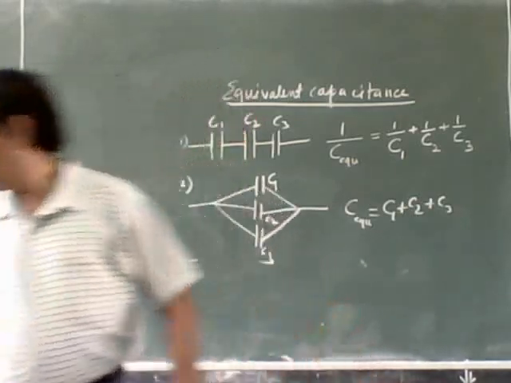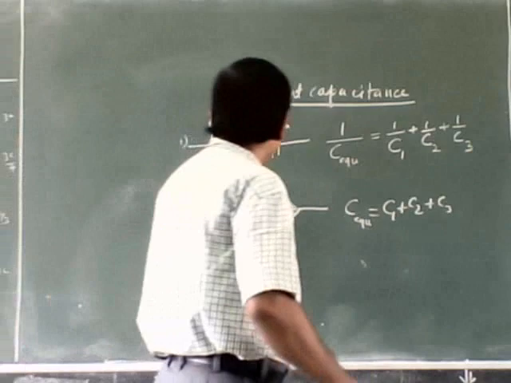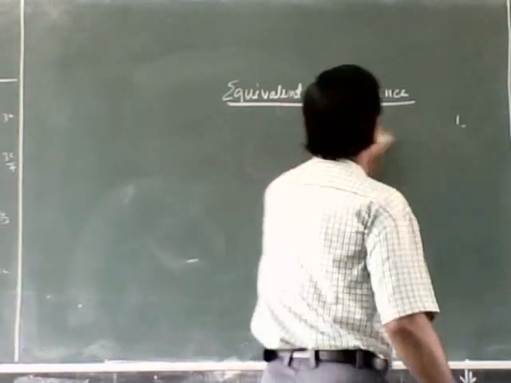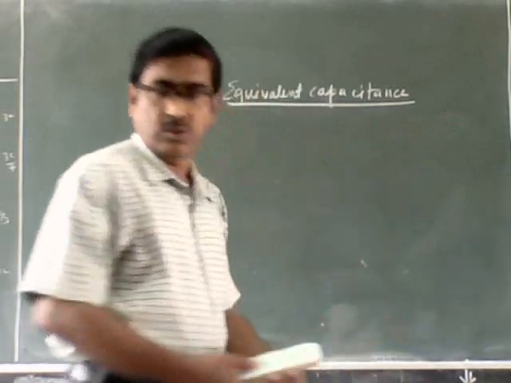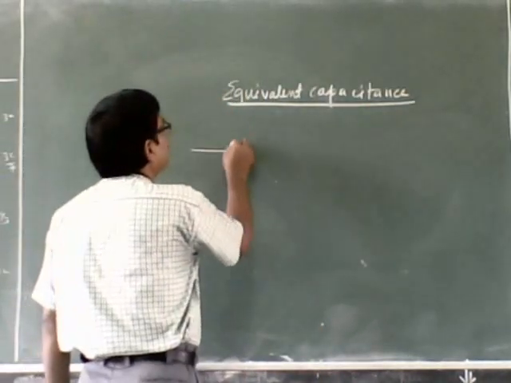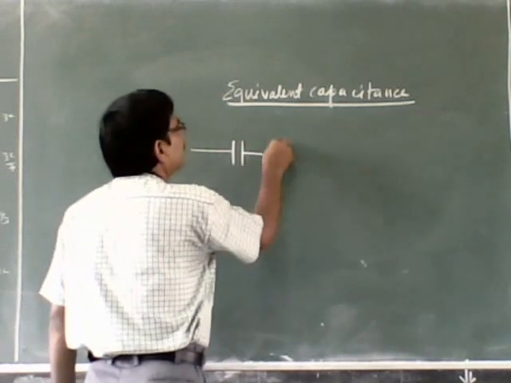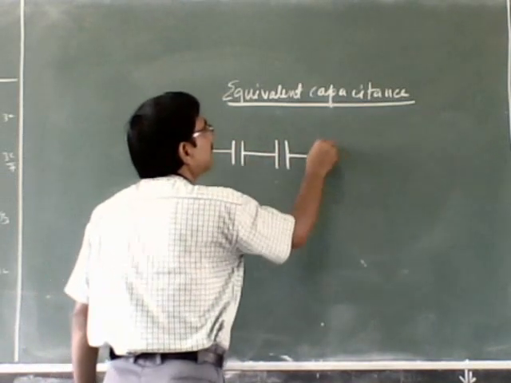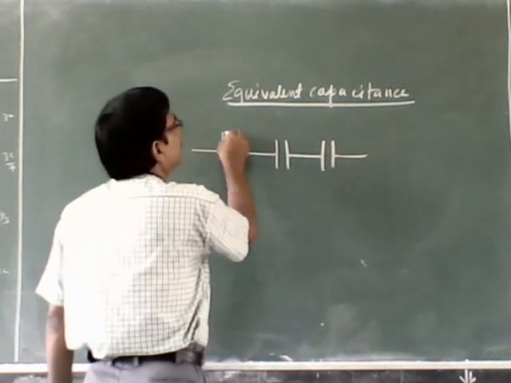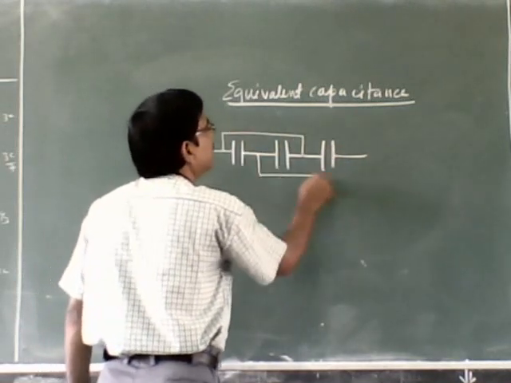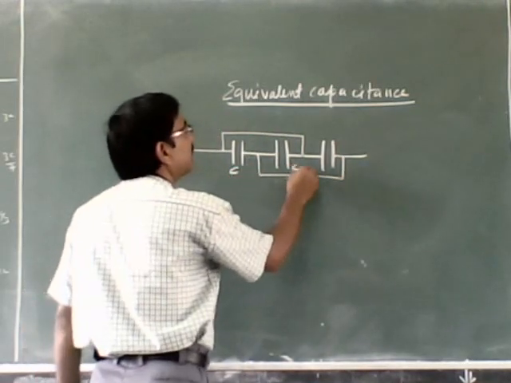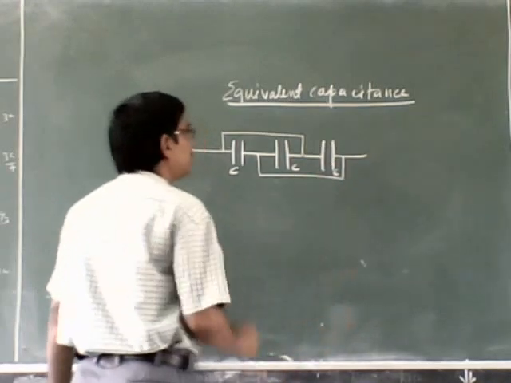Then first, we will see what the equivalent capacitance of this combination will be. Suppose three capacitors are connected like this and again connected like this. Their capacitances are equal.